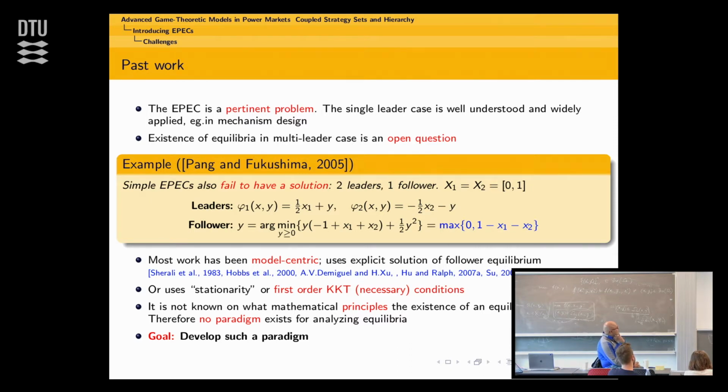Okay. Now, most of the work in this area has been model centric. For instance, amongst the earliest papers was by Hanif Sharali in 1983, where they looked at a sequential game where players compete in Cournot in two consecutive settings. It's a very stylized problem, and so for those of you thinking of proving existence, let me tell you how existence was proven there.